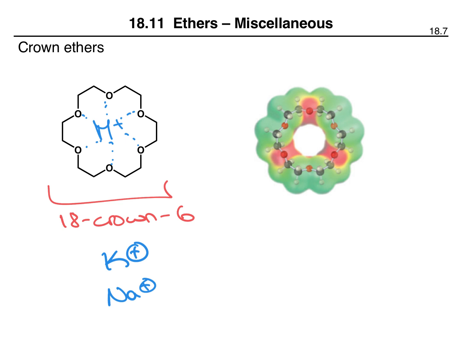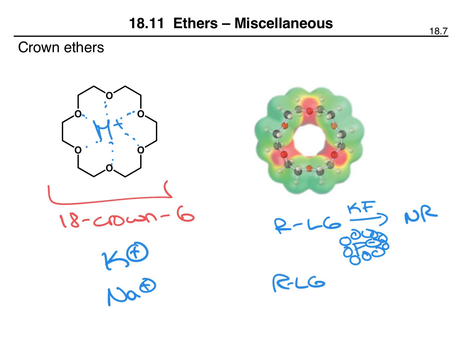So there are some really cool applications of crown ethers. Let's say you are trying to carry out a substitution using potassium fluoride. Well, you get no reaction because typically your F minus is going to be so surrounded by solvent that it cannot act as a nucleophile.